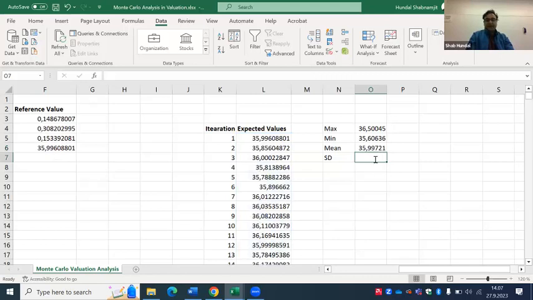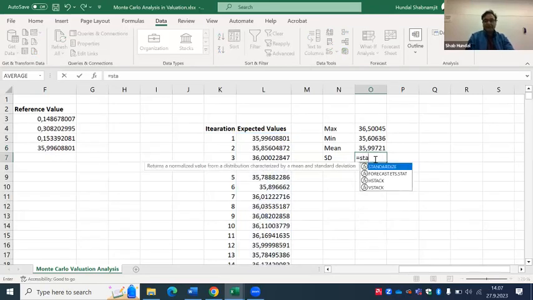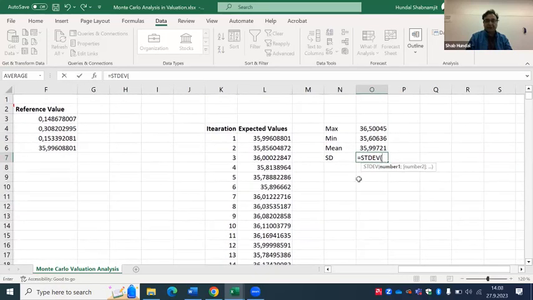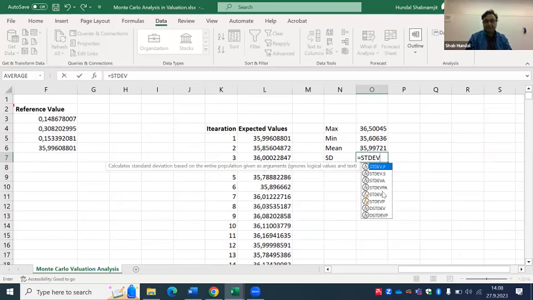And then you can also do the standard deviation. Standard deviation P we take, or even if you take standard deviation, no big deal. Once again, if you want to drag it down, it's your choice. I want to do both ways so that you don't get confused.